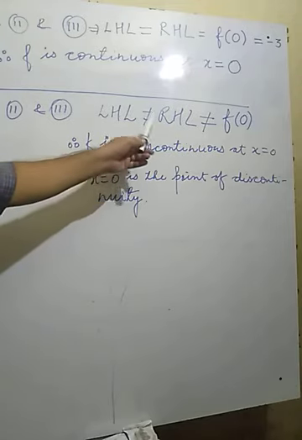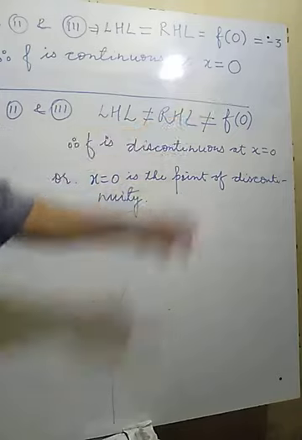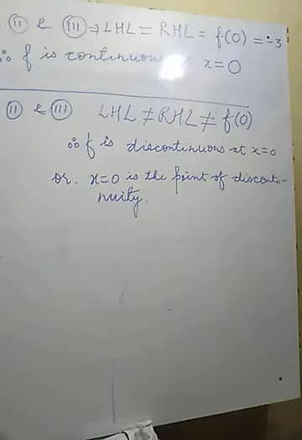On the basis of that, if these are equal, the function is continuous. If these are not equal, the function is discontinuous at that particular point. In this way, we can check whether the function is continuous or discontinuous, or in solving, find the point of discontinuity.